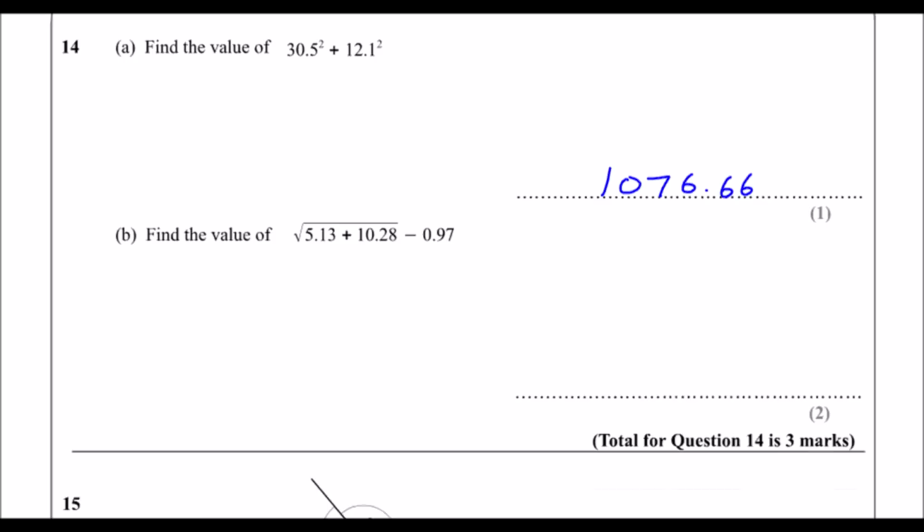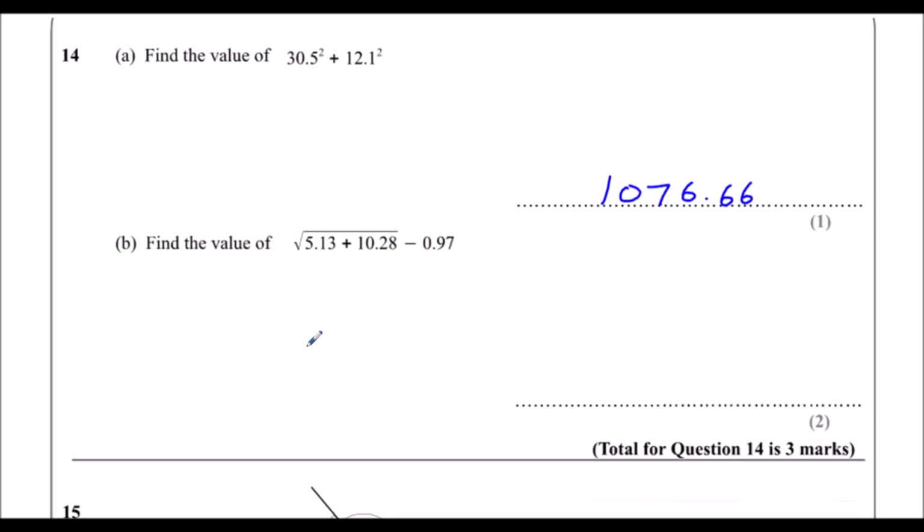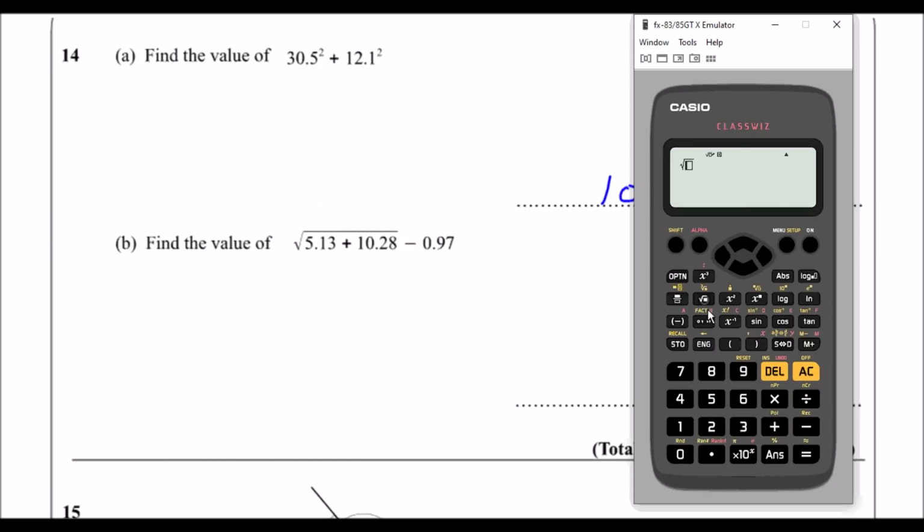So that's our answer. And for part B, find the value of the square root of 5.13 plus 10.28, and then take away 0.97. So the take away 0.97 is out of the square root sign. So in the square root sign, we've got 5.13 plus 10.28. Then I'm going to click to the right to get out of the square root sign, and then take away 0.97.